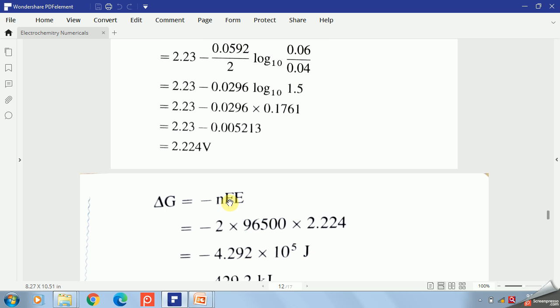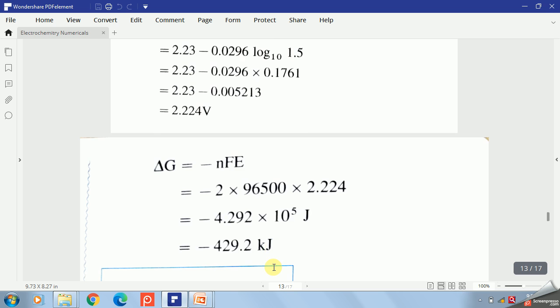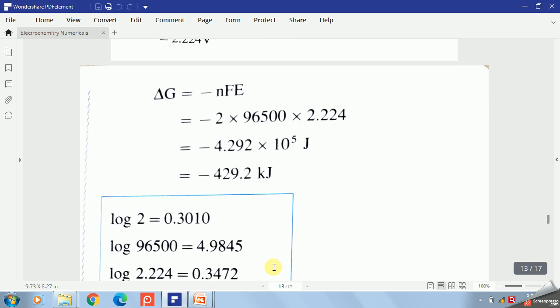How does it come in joule? Your Faraday is nothing but 96,500 coulomb. EMF is 2.224 volt. Coulomb volt is nothing but joule. If we divide it by 10 raised to 3, that means 1000, then your answer is in kilojoule. So minus 429.2 kilojoule.